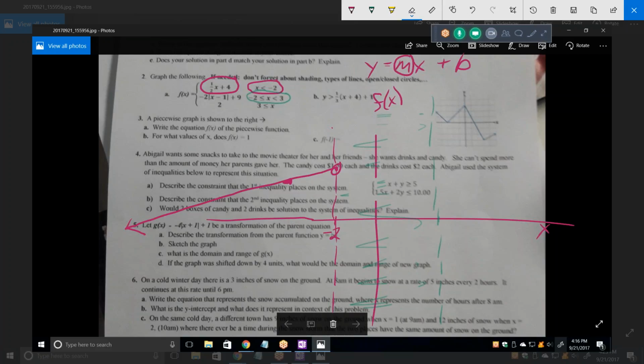Okay. We need to figure out how to graph that function. What's the parent function? The best way to graph this function is to figure out the parent function and the reflections and transformations that this function represents versus the parent function.